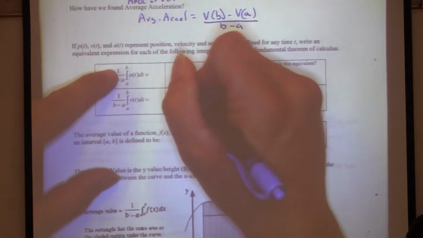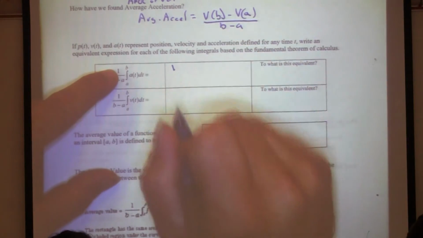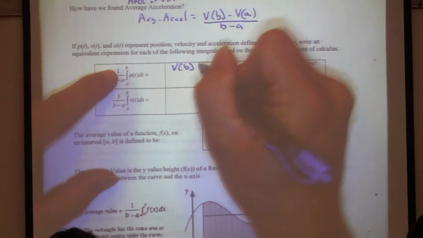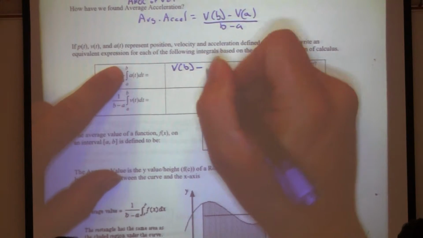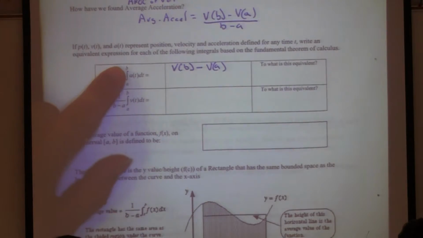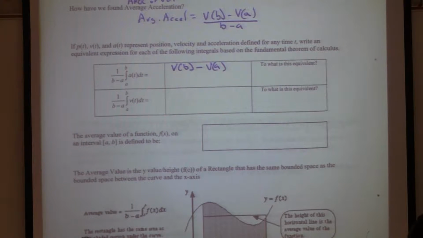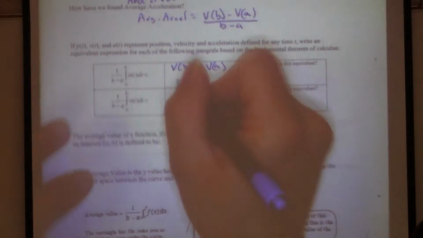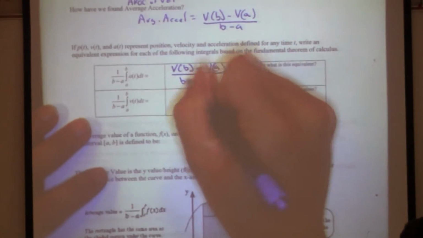Velocity, right? And if I apply the fundamental theorem of calculus, it would say V of what? V of B minus V of A, right? But it has this 1 over B minus A in the front multiplied by it. So what would I have to do to that? Divide it by B minus A?